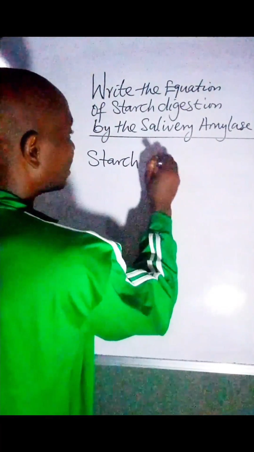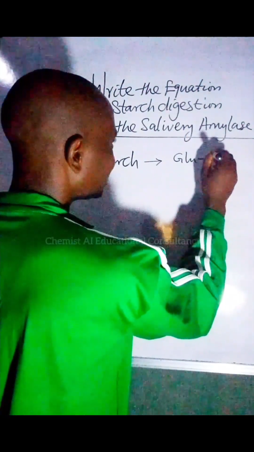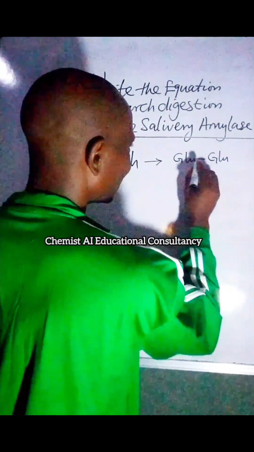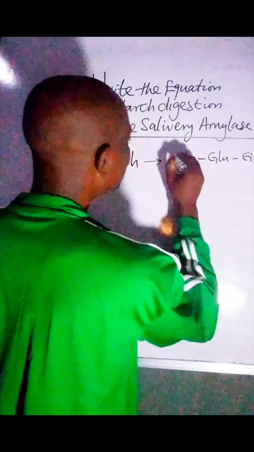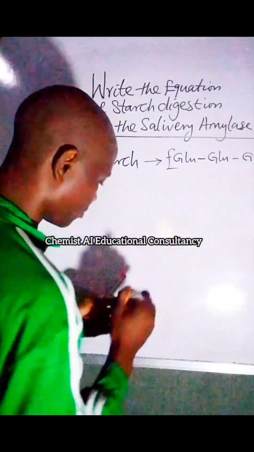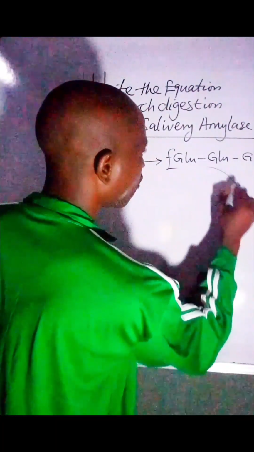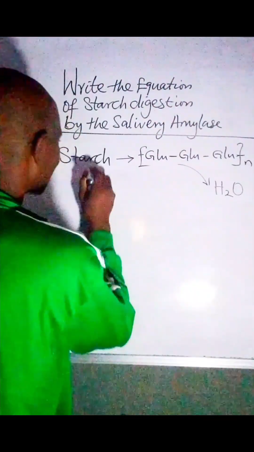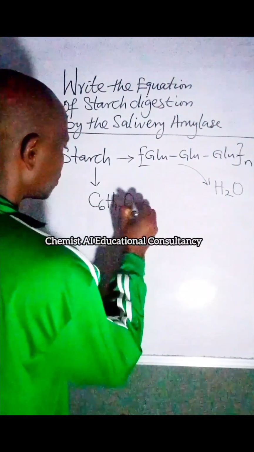Now, starch is a polymer of glucose. So we have glucose linked to another glucose by glycosidic bond, linked to another glucose, linked to many glucose molecules to form the polymer called starch. And in the process of forming this starch, water is lost. So starch is now glucose, which is C6H12O6.